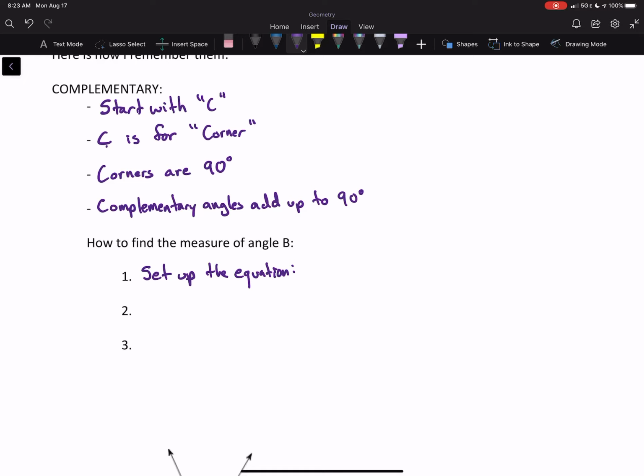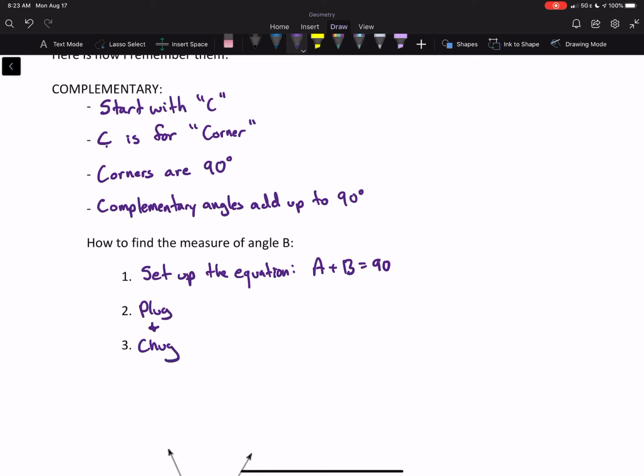The equation is going to be A plus B. This could be A plus B plus C plus D, however many angles there really are. And that's going to be equal to 90 degrees.